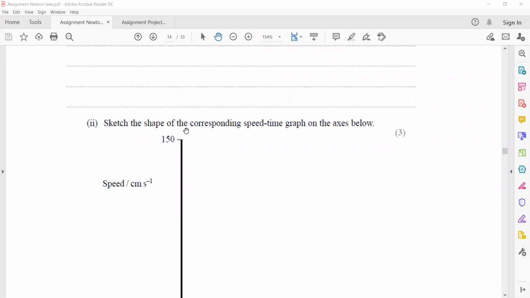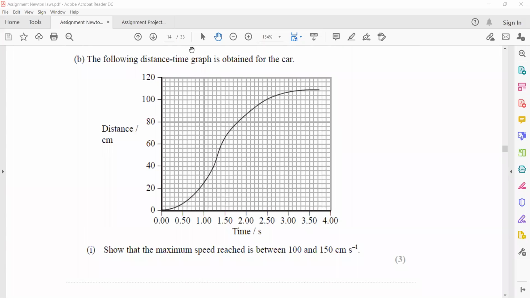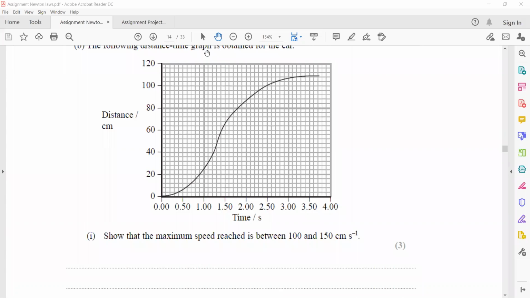Now sketch the shape of the corresponding speed-time graph. First, what is happening? The slope is increasing till this point, then the slope is decreasing, then the slope is constant. And what is the maximum speed?